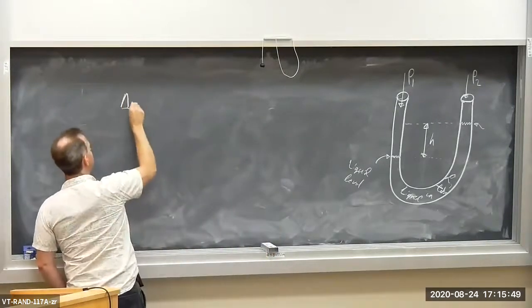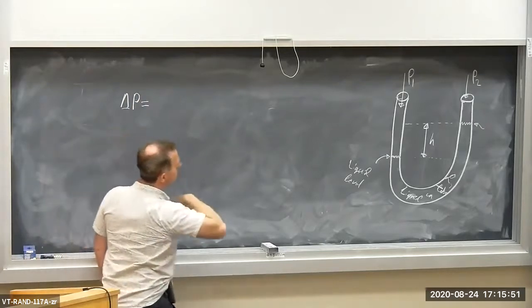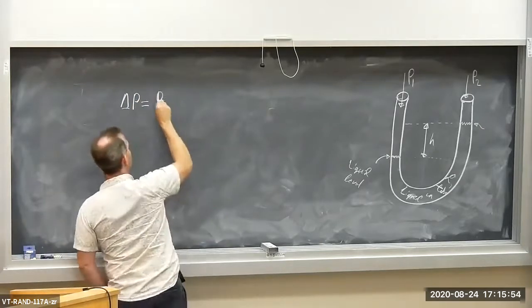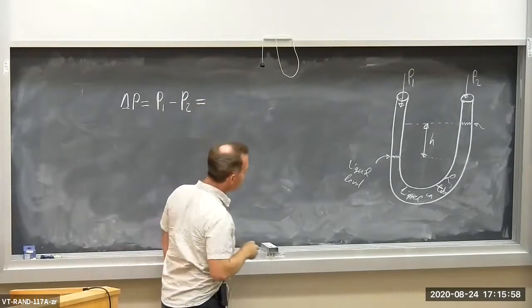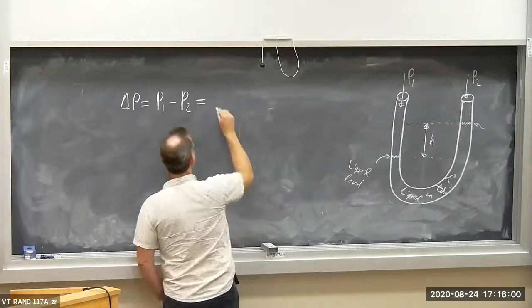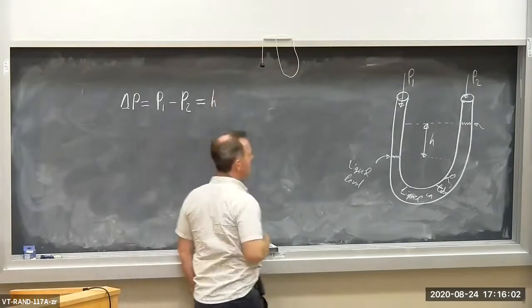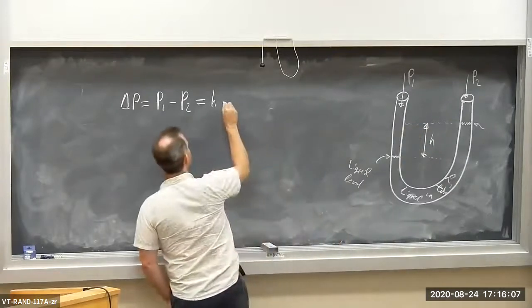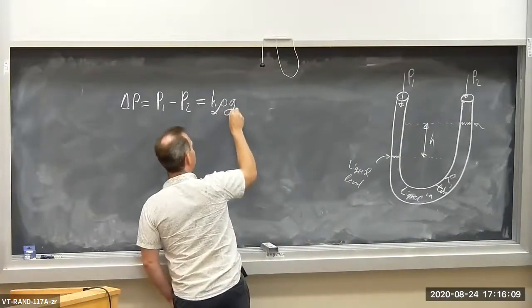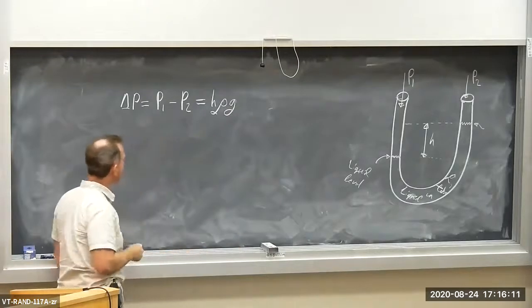Delta P, which is equal to P1 minus P2, is equal to the height h times the density of the fluid rho times the gravitational acceleration g.